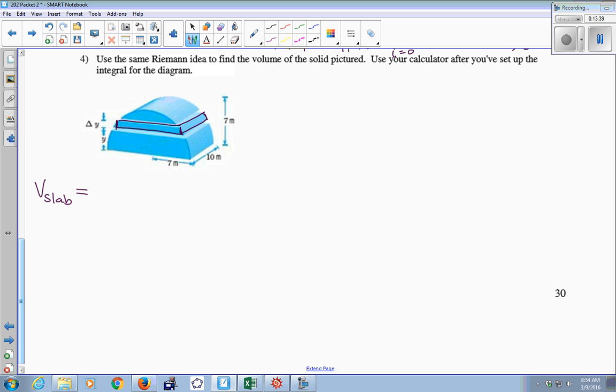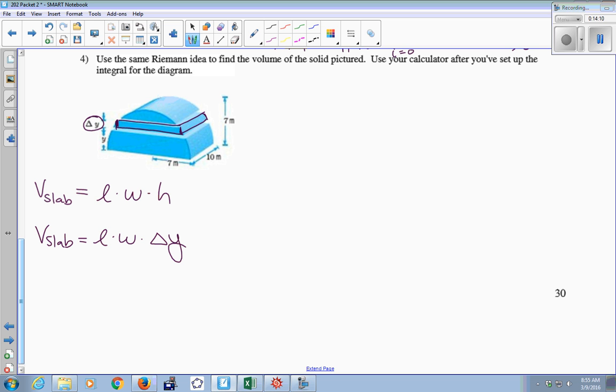How do you find the volume of a box? Length times width times height. So let's write that down. Then the volume of my slab: again, I only want one variable in here. One of these things is delta y according to my picture. Which one? Height. Yes, the height of this slab is delta y. So this is length times width times delta y.